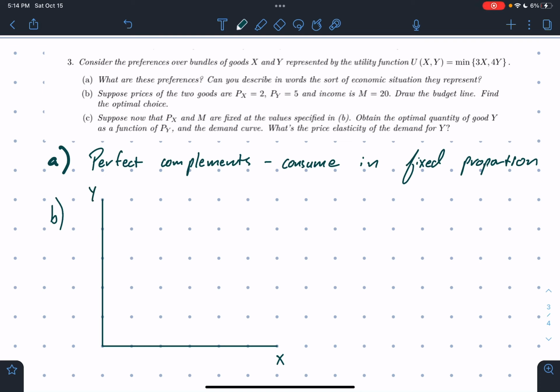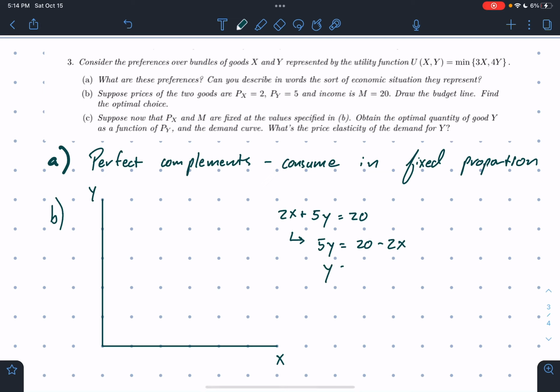The budget line is going to be a line with the slope negative 2/5, I believe. Just to walk you through how we find that, we get 2x plus 5y equals 20. So this is our budget line. The way we derive this as a function of y in terms of x, we just have 5y equal to 20 minus 2x, my bad.